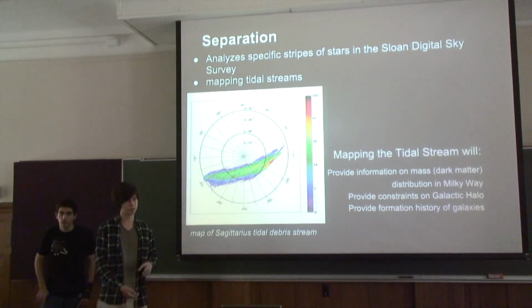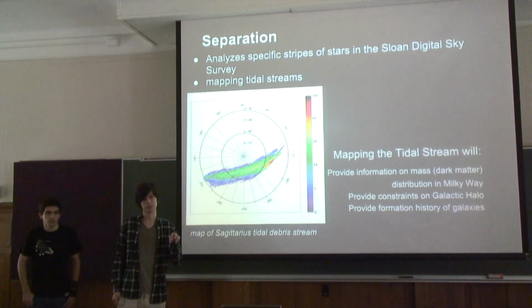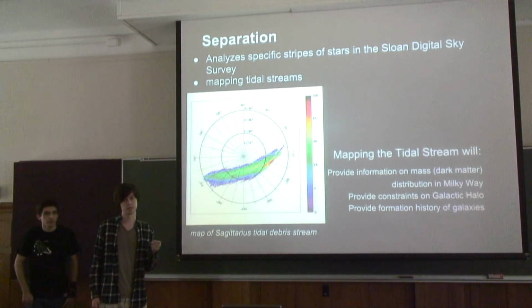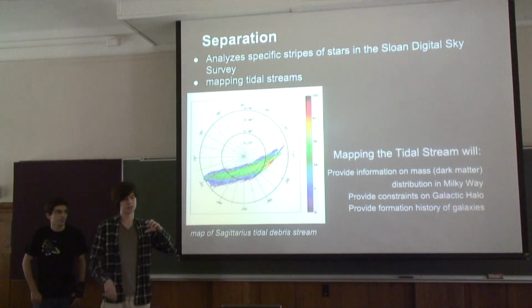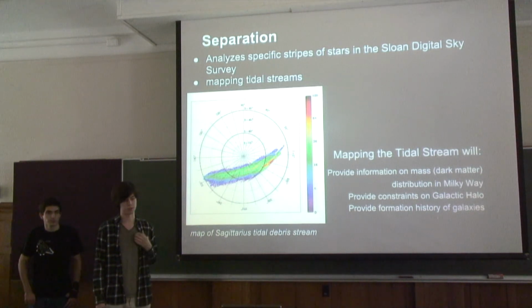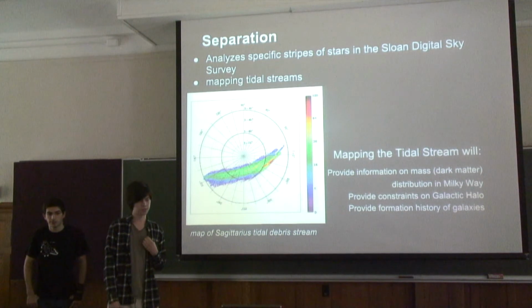The galactic halo is sort of the spherical gravity field surrounding the galaxy, not necessarily the disk. So this is especially prevalent in the spiral arm galaxy. So instead you have a flat disk, and then the galactic halo is the area surrounding it. And it'll also provide formation history of the galaxies.